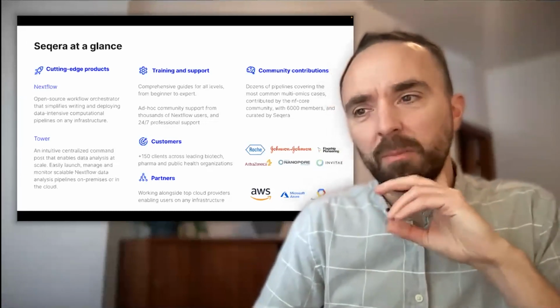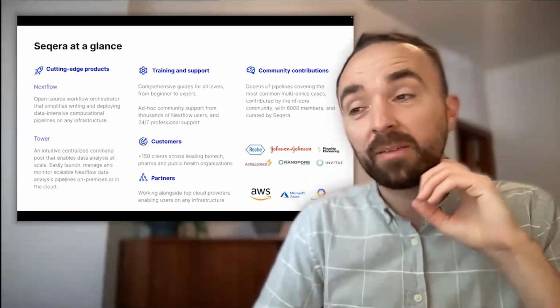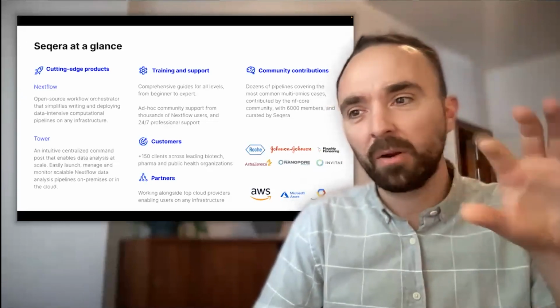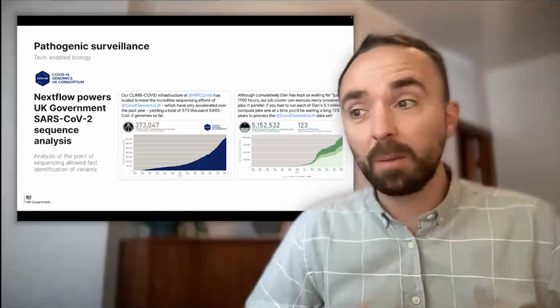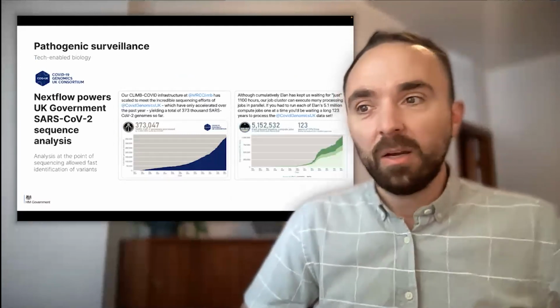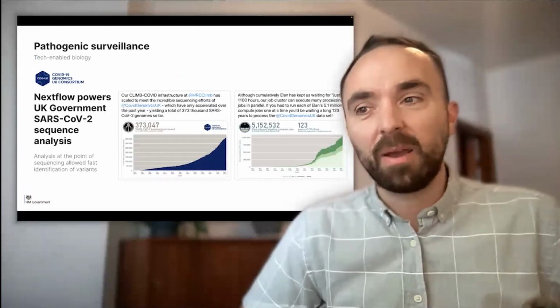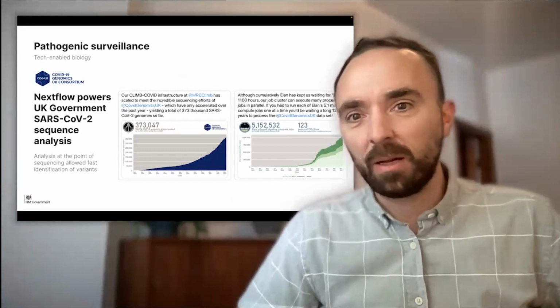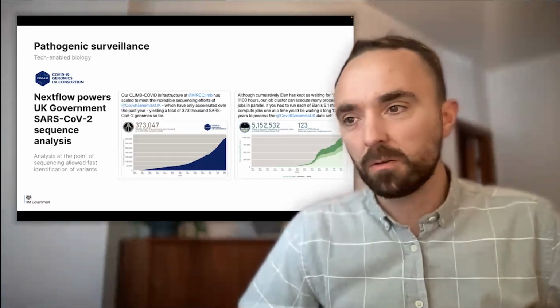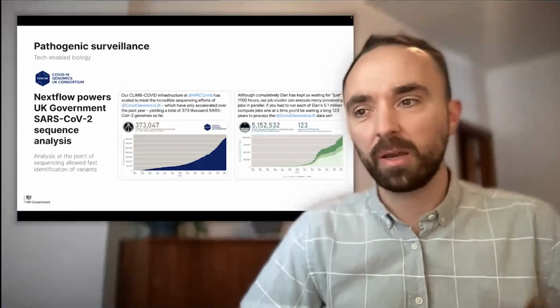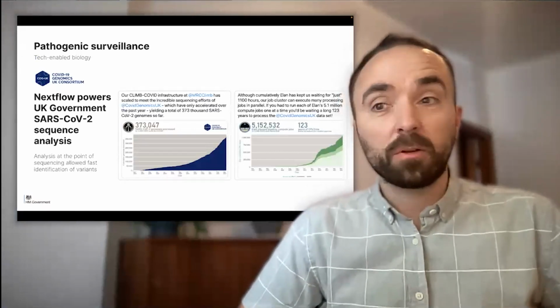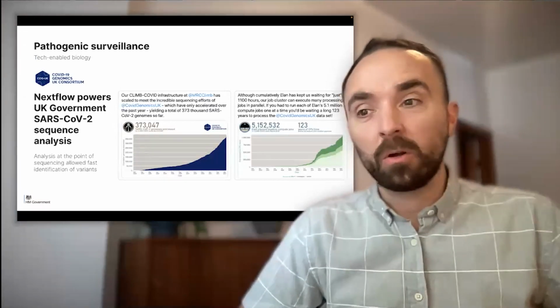So let's move on to some of the applications of Nextflow and Tower, and why you might want to use this pairing in your own work and to analyze your own data. It'll come as no surprise to anyone here to say that we've seen in recent years a massive uptick in pathogen surveillance. These figures here on the graphs show the growth in SARS-CoV-2 sequencing by the COVID Genomics UK group, who used Nextflow to develop their workflows early on in the pandemic.